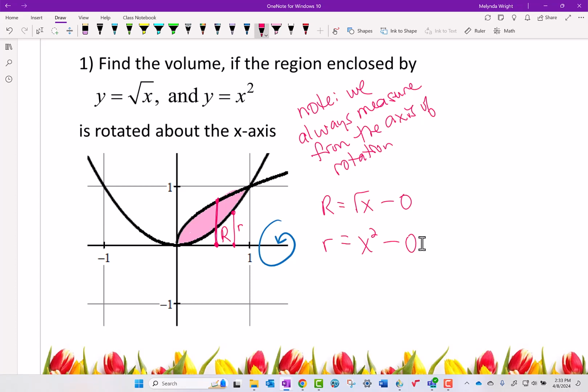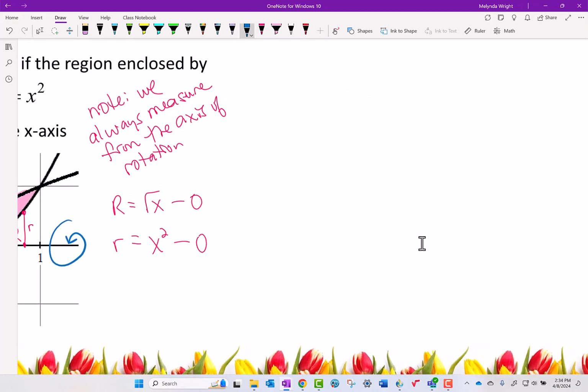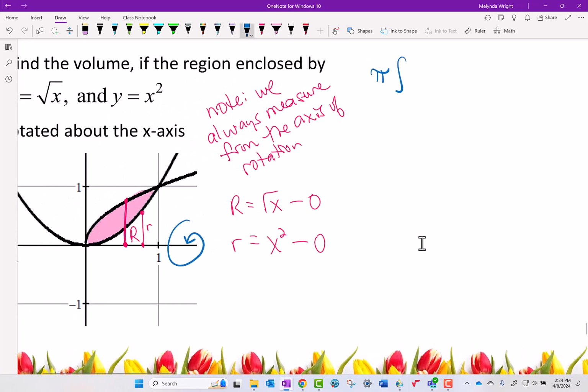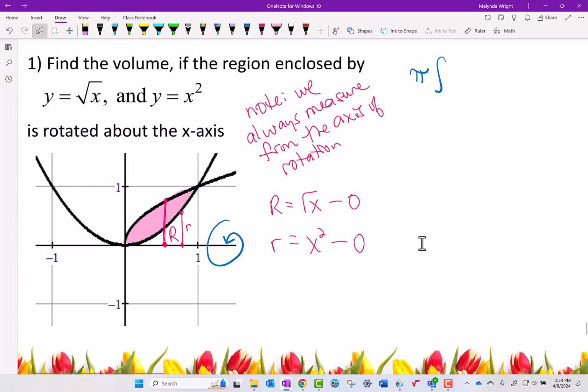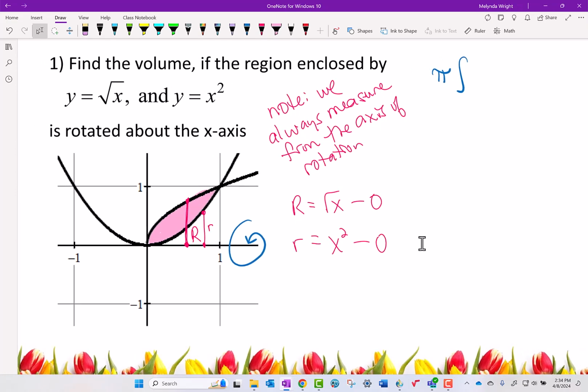So when we're rotating about the x or y axis, our big R and little r are as simple as they can be. Okay, so now our job is going to be to set that all up. Okay, so here we go. So we've got pi integral. I could tell from this graph that it's 0 to 1, but if I couldn't, how would I find the intersections?